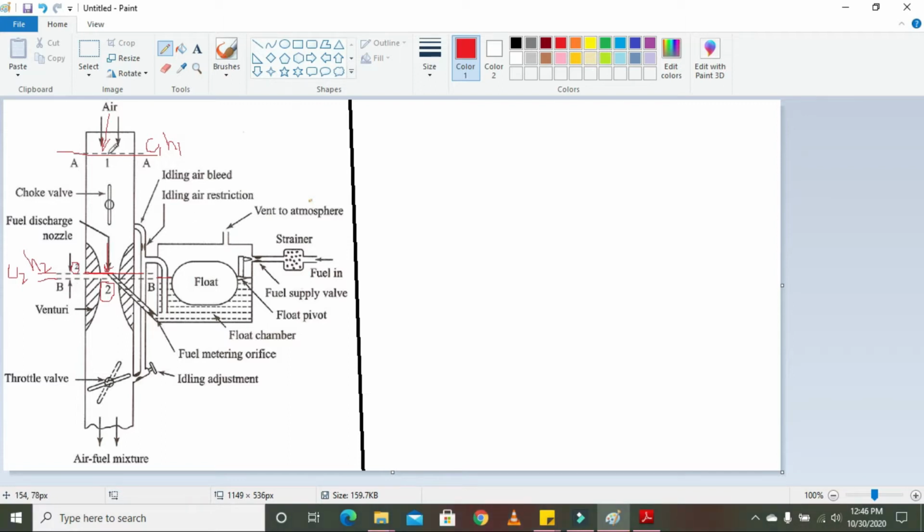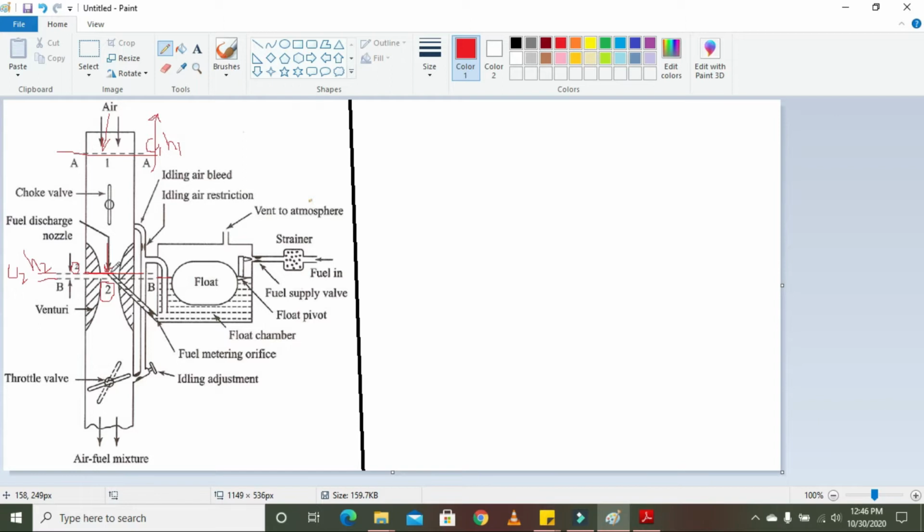At section AA, or state 1, the speed of the air is very small as compared to the speed of the air at section 2, because at section 2 kinetic energy has been increased as a result of the decrease in the pressure. We have a venturi throat at section 2. So the air has passed through the venturi and the pressure energy has been converted into kinetic energy.